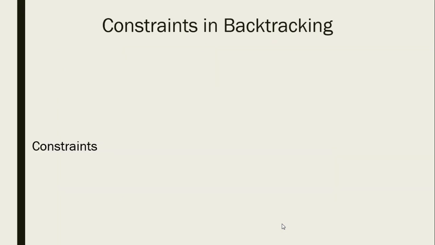Okay, now constraints, right? So, how will you determine if a problem can be solved by using backtracking? For that, we need to understand what a constraint satisfaction problem is. A problem which is solved by applying certain constraints is called a constraint satisfaction problem, right?